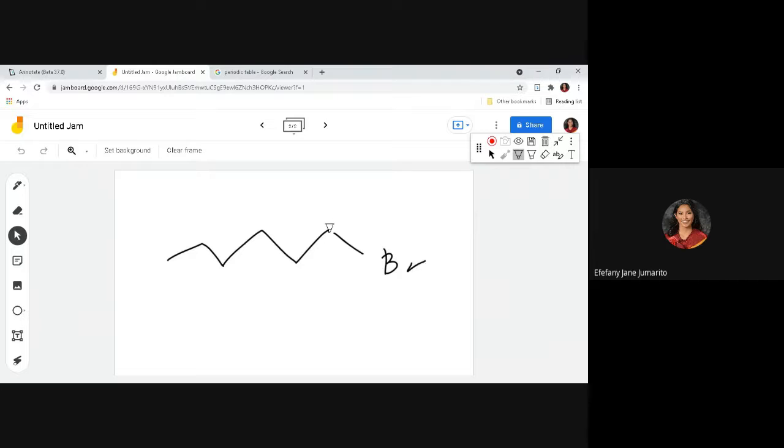Okay, how would you name this one, class? What about the parent chain? Parent chain is pent. Yes, pent.